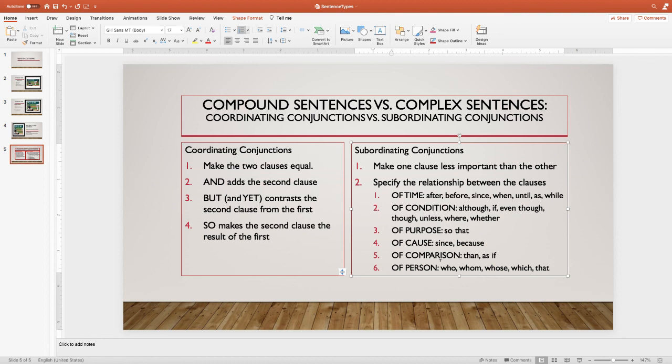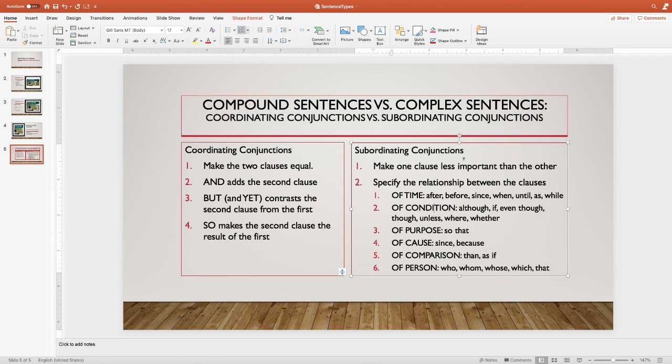Subordinating conjunctions can show comparison, than. This is more expensive than that, right? So that's comparison. And as if is kind of like setting up a metaphor. He dressed as if he were a millionaire, or something like that. In some ways it's almost a condition, but it's not a true condition.